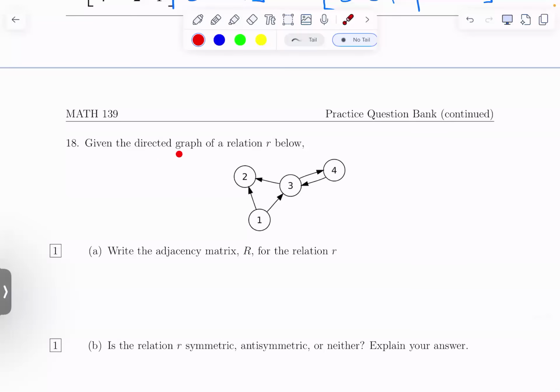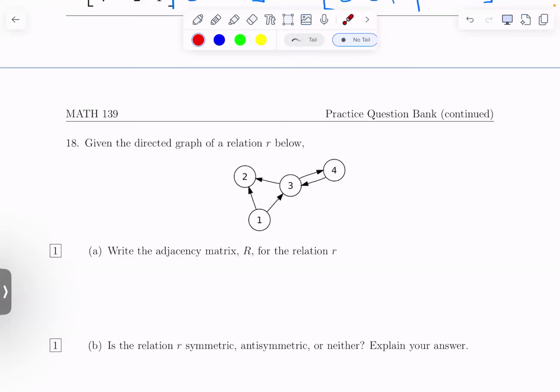Given a directed graph of a relation, right, the adjacency matrix, this could be constructed in a variety of ways, right? I could have given you the adjacency matrix and asked you to draw the digraph, or I can give you the relation and you have to construct the adjacency matrix or draw the digraph, that kind of thing.